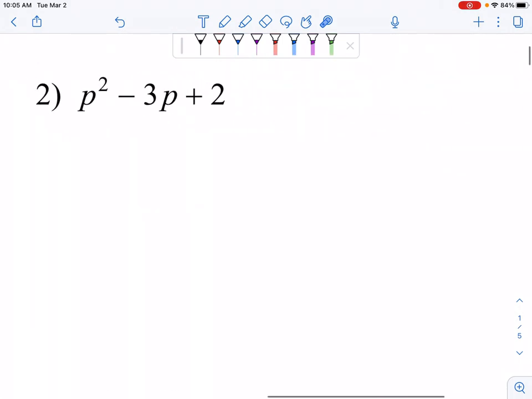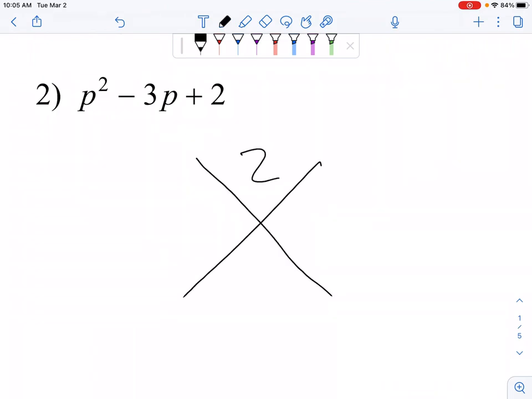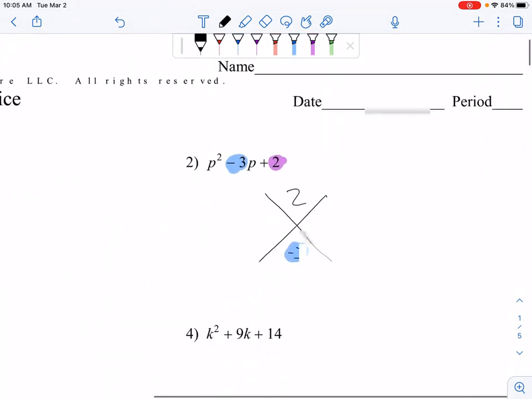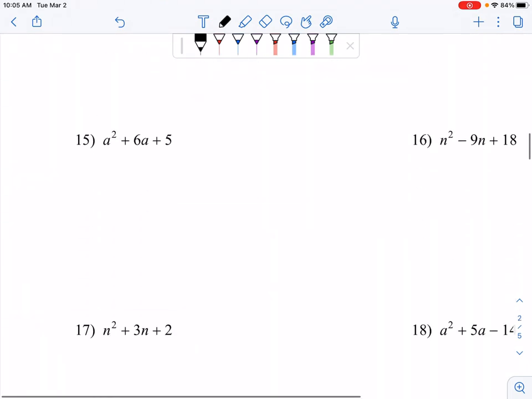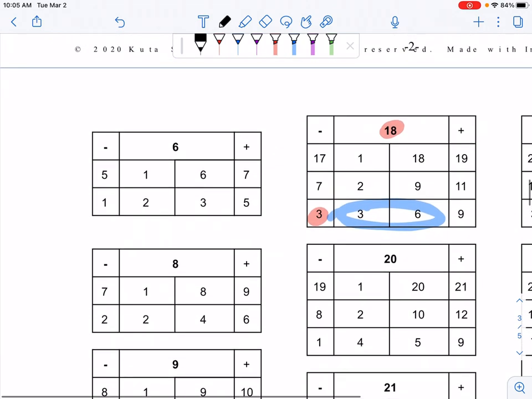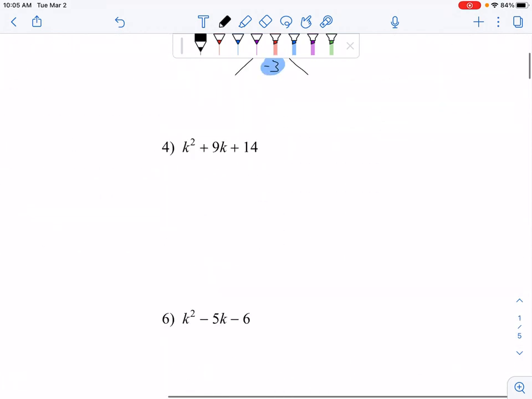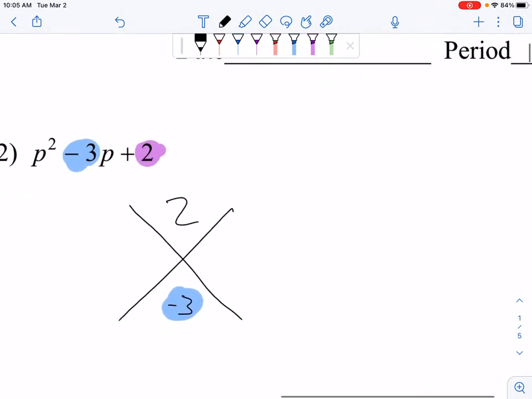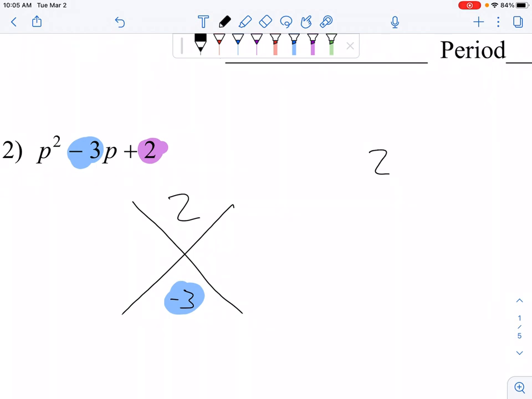Let's take a look at number 2. I'm going to have 2 on top, that came from here, and a negative 3 on the bottom. So 2 is my number on my chart that I'm looking for. I didn't list 2 because there are just small numbers. 2 is prime. 1 times 2 is our only combination, so 1 and 2.